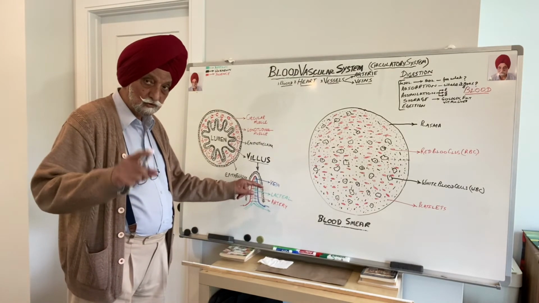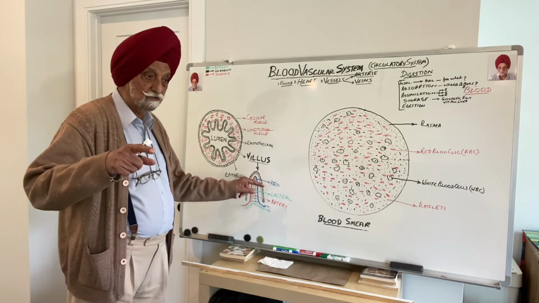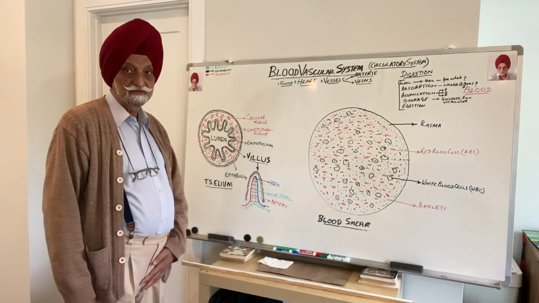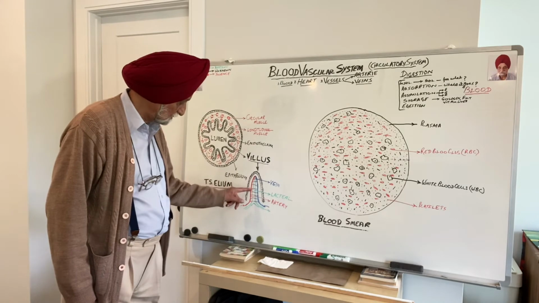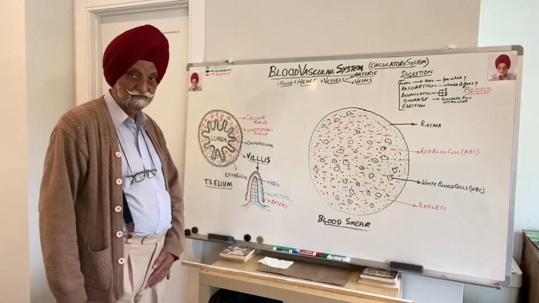The glucose, the amino acids, the minerals, the vitamins, they get into the blood. And the fatty acids and the glycerine, they are collected into this green tube called the lacteal.